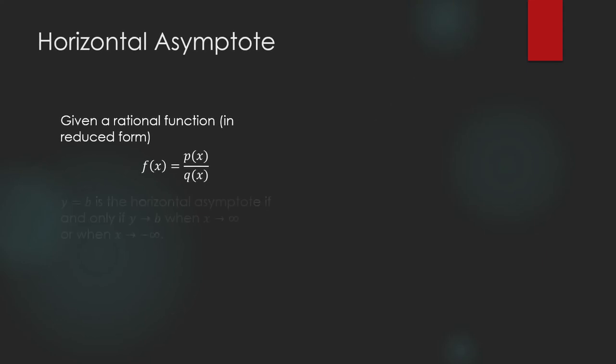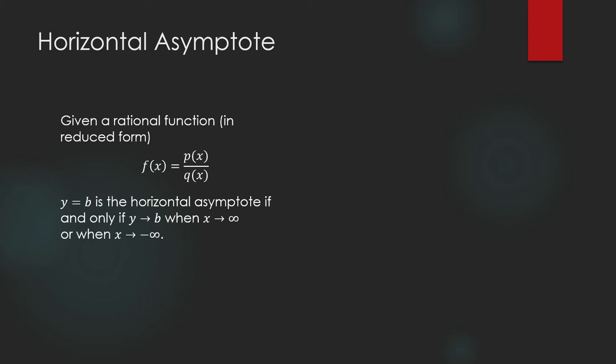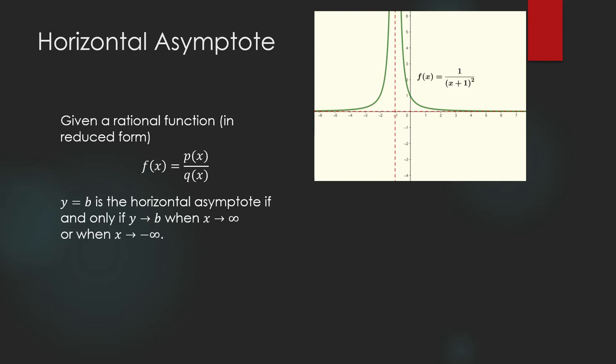Given a rational function in reduced form, the line y is equal to b is the horizontal asymptote if and only if y approaches b when x approaches infinity or when x approaches negative infinity. So here, when x approaches infinity, your function approaches the line y is equal to 0. The horizontal axis, the equation of that line is y is equal to 0.